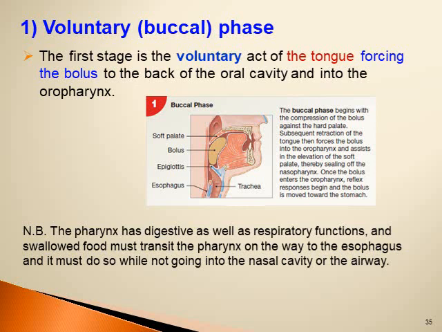It is a common tube that is shared by the respiratory system and the digestive system, because food and air pass through the oropharynx to the respective tract. Swallowed food must transit the pharynx on the way to the esophagus, and it must do so while not going into the nasal cavity or the trachea or the larynx or the airway.